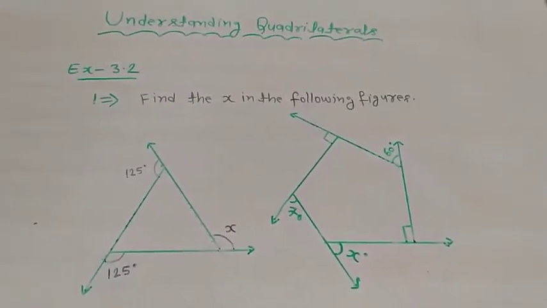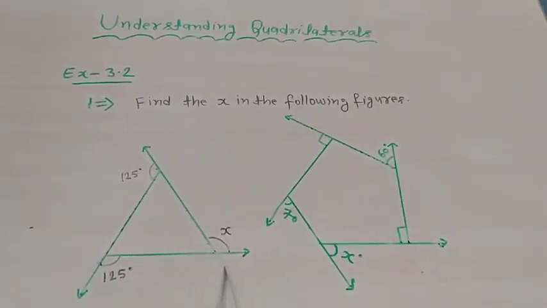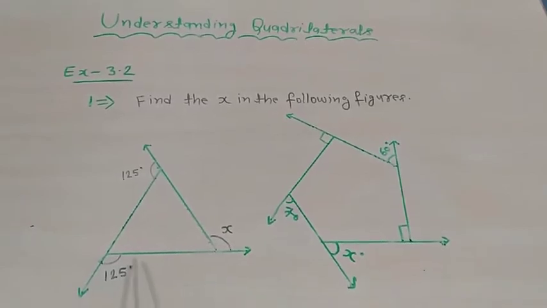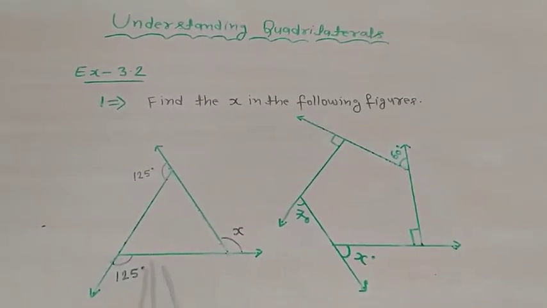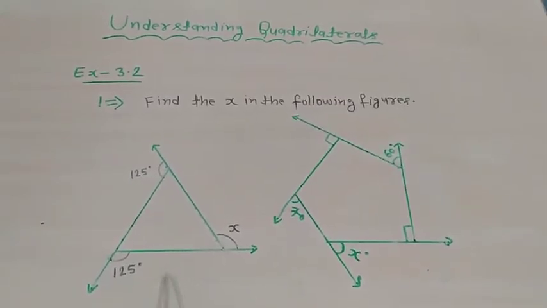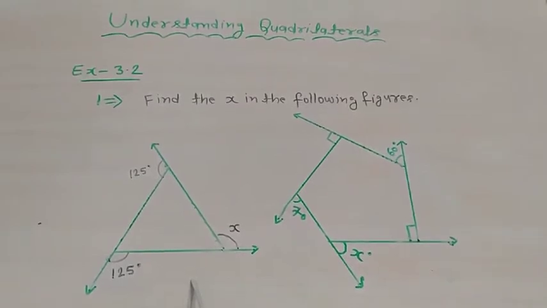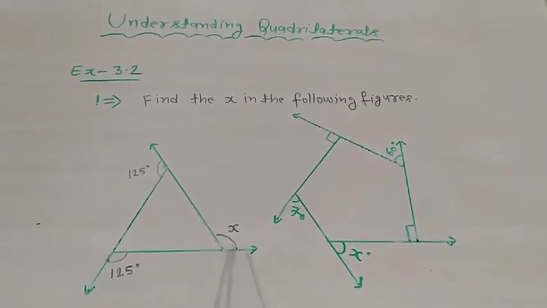And the second way is that the sum of exterior angles of a polygon is 360 degrees. So this plus this plus this is equal to 360 degrees, and find the value of x.